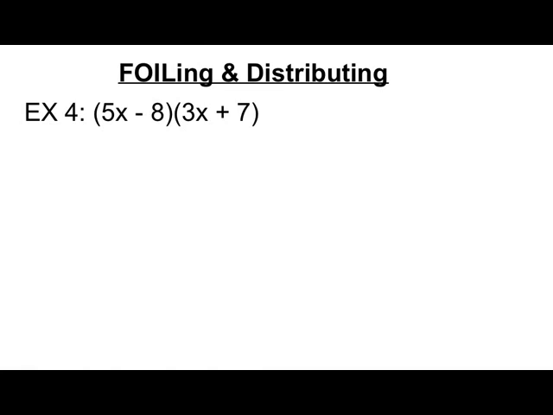Example 4 introduces a new idea. Well, not so new. In middle school, or Algebra 1, you learned about FOIL. FOIL is an acronym that stands for what order we do things in. To FOIL, it's distributing. So what we do is we do first times the first.